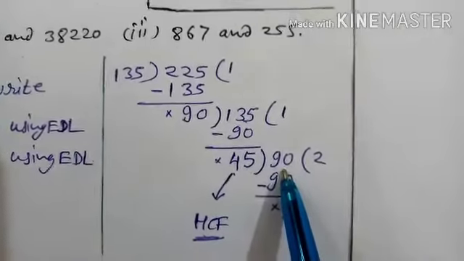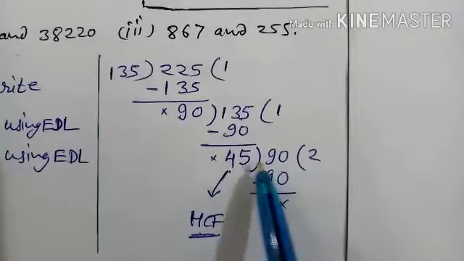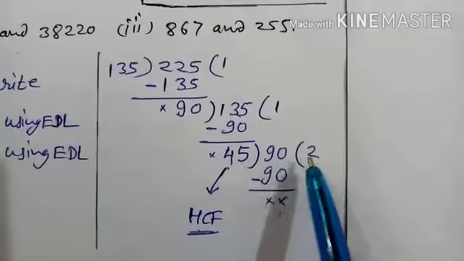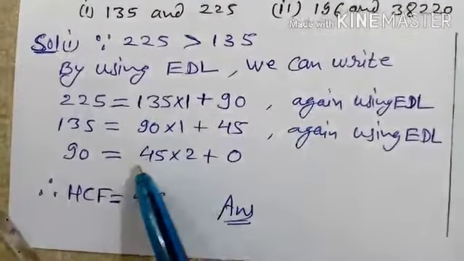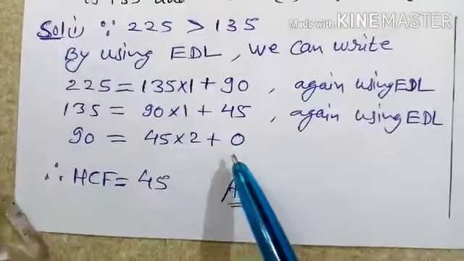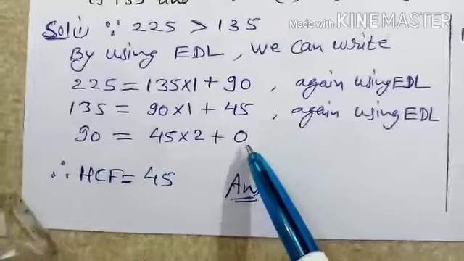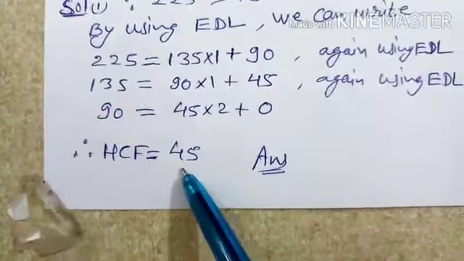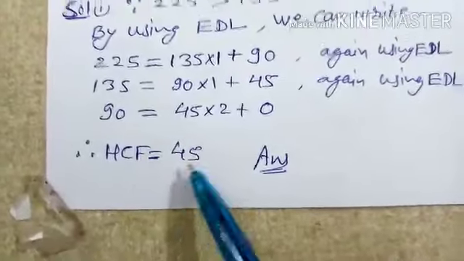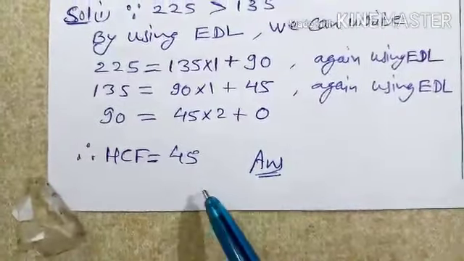Now 90 as the dividend, so 90 is equal to 45 into 2 plus 0. Since the remainder is equal to 0, the SCF is the last divisor, that is 45. So our SCF is 45. This is our answer.